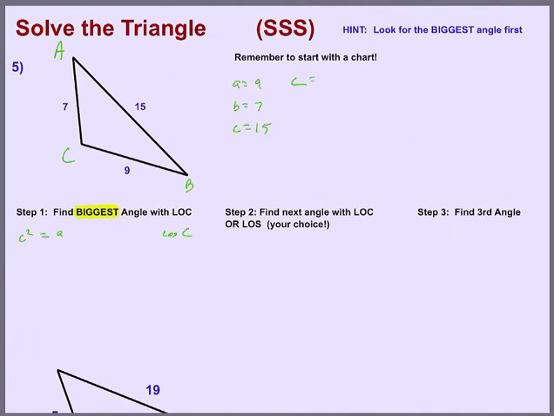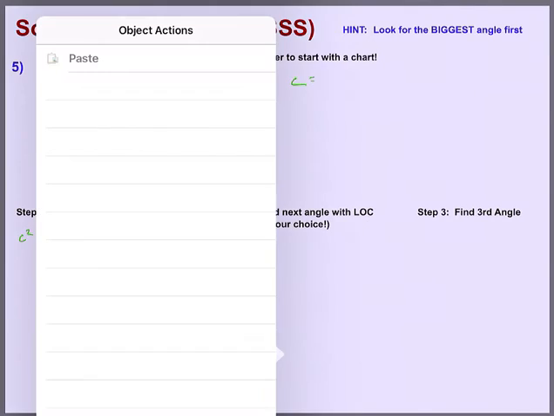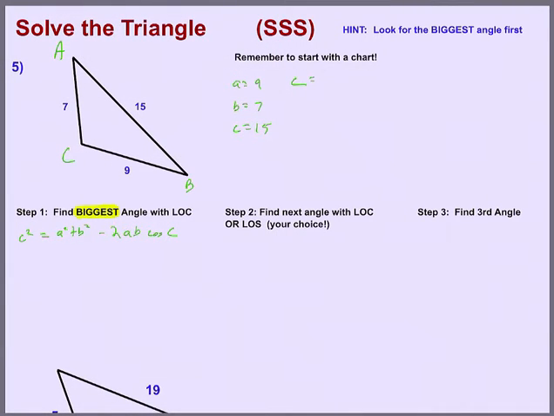So it's C squared equals the sum of the squares of the other two sides minus 2 times AB times cosine of C. And we can fill in the information that we have. 15 squared is equal to A squared plus B squared minus 2AB times the cosine of angle C.